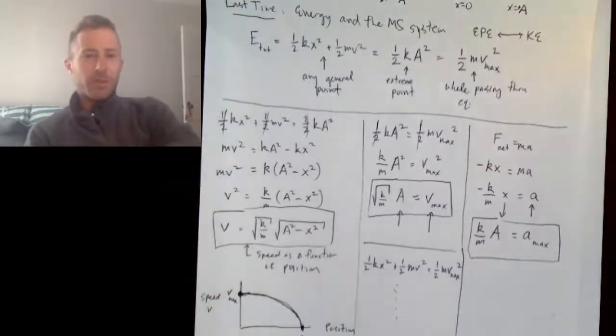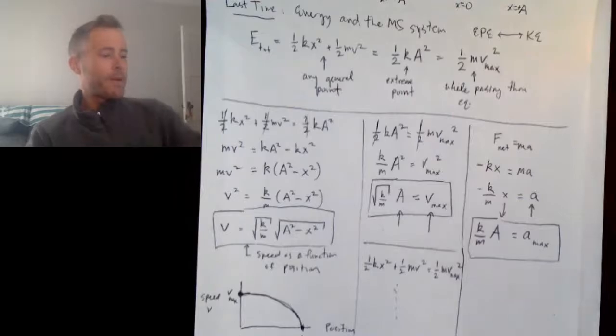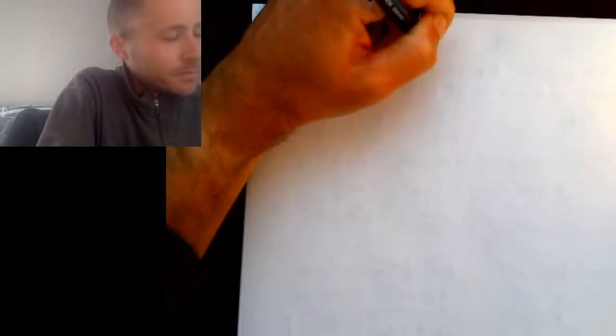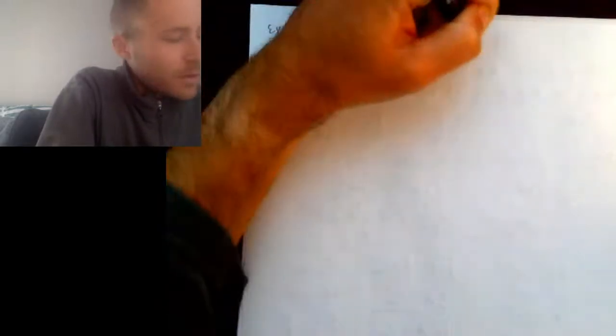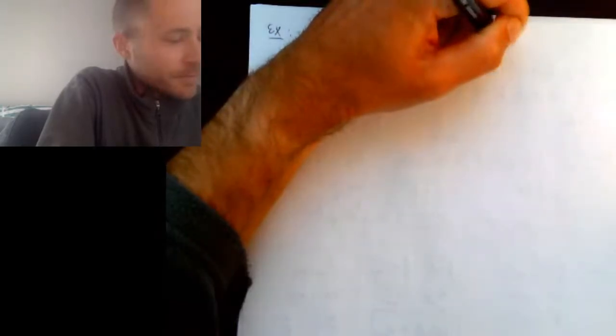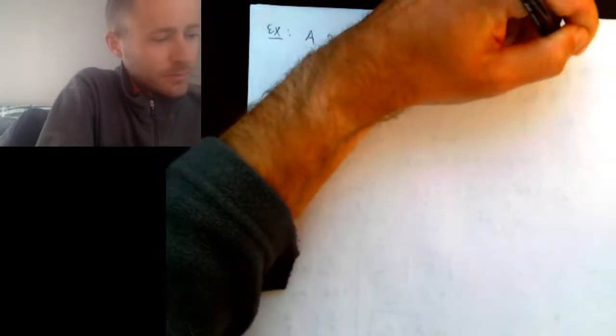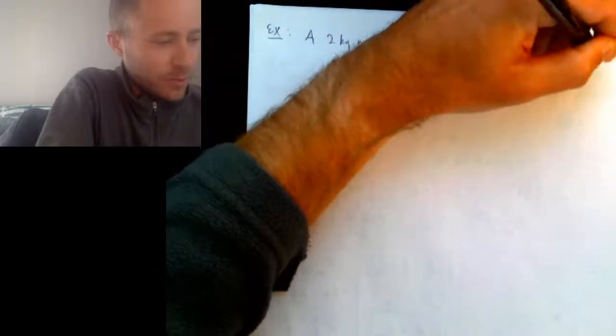So we're going to do a couple of examples that illustrate the use of these equations. It's pretty straightforward. All right. So a 2 kilogram mass is connected to a spring of stiffness 150 newtons per meter.